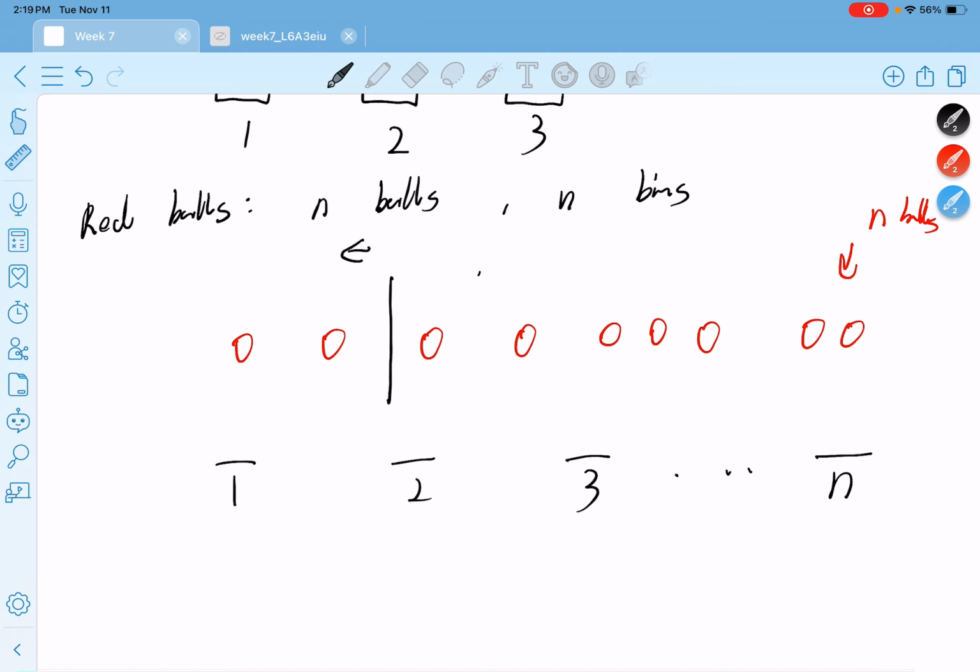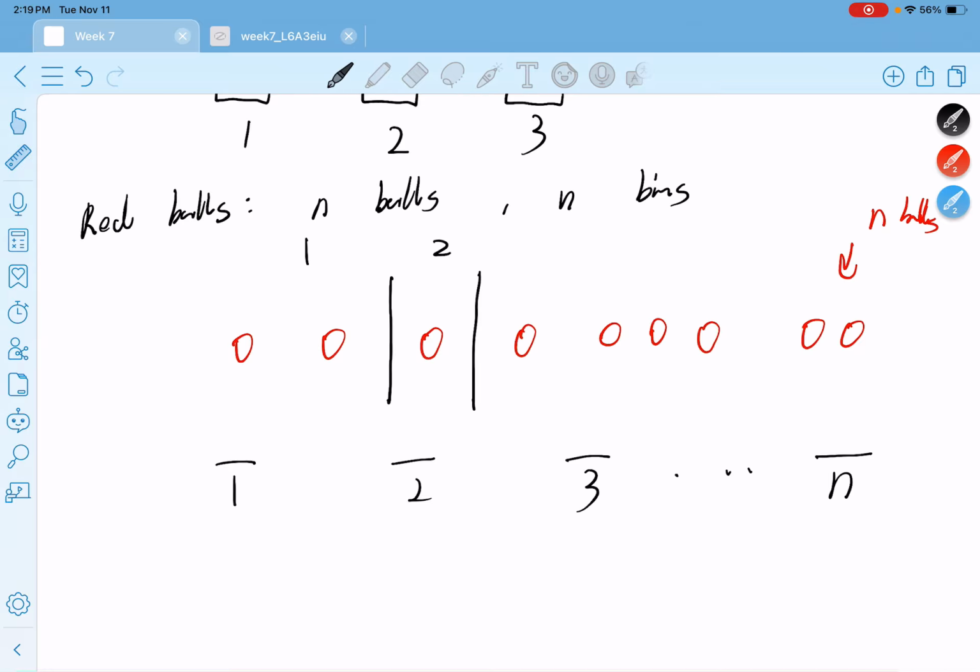And then I place the second bar, and what's between becomes the second bin. So the trick here is that instead of just putting the balls into the bins, we're dividing the balls in a row using the bars. And what's between the two bars are the balls inside the bin.